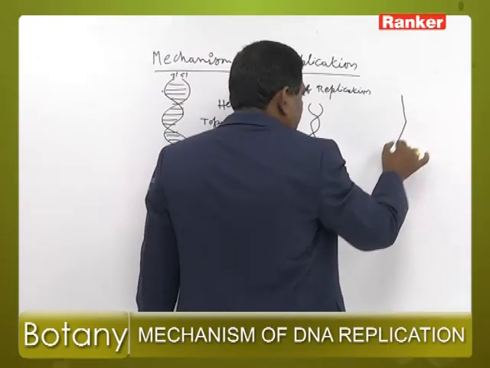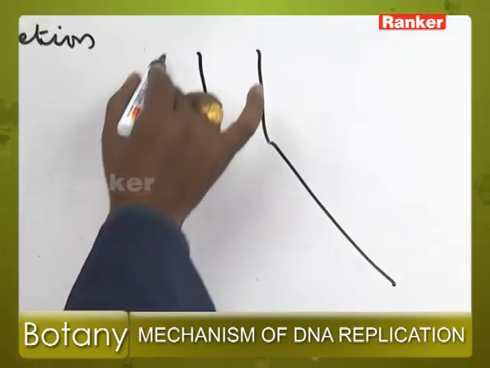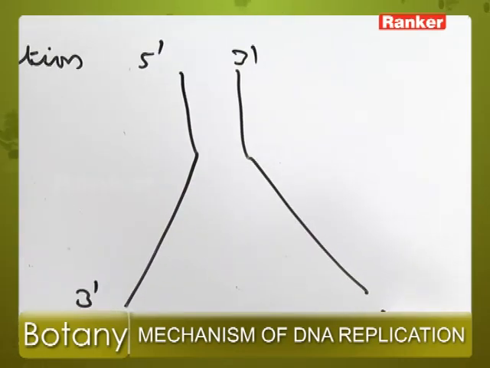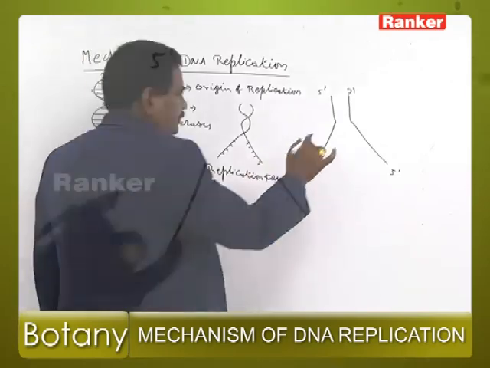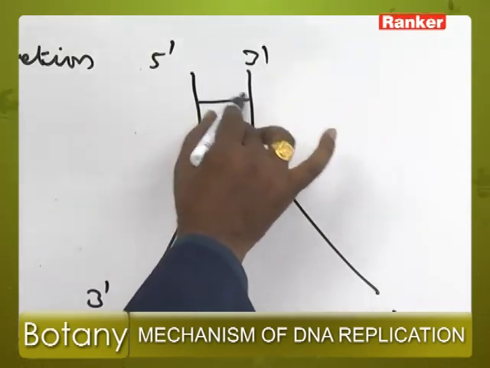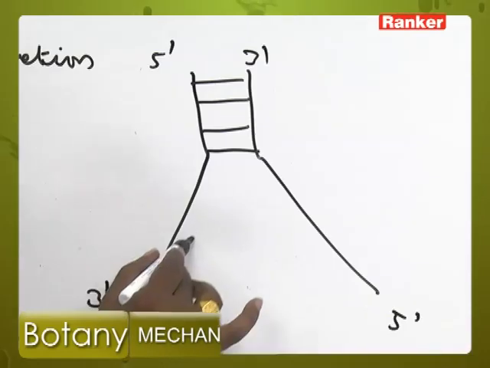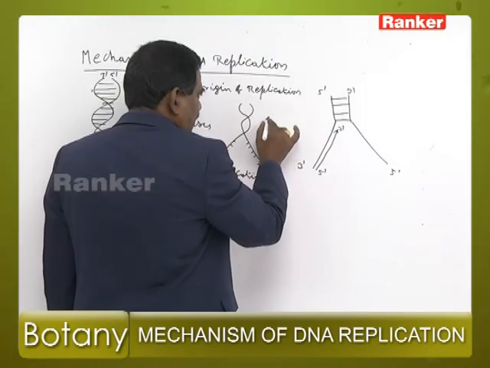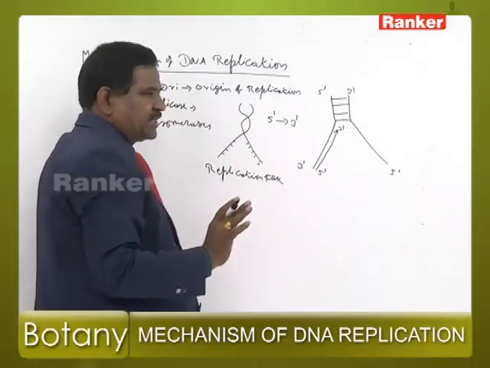Both strands act as template. One strand runs 3' end to 5' end direction, another strand runs 5' end to 3' end direction. A new DNA strand is always synthesized in the 5' to 3' direction only.